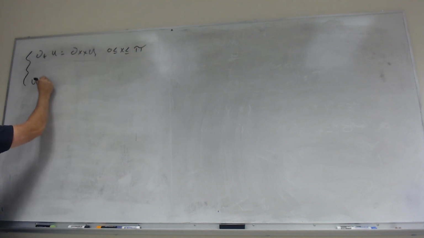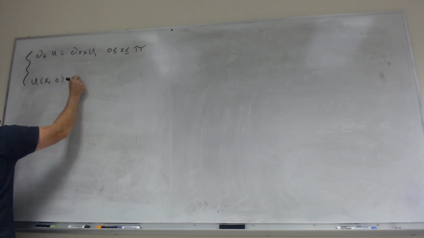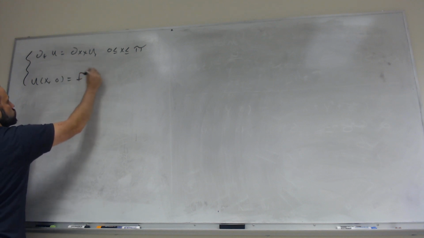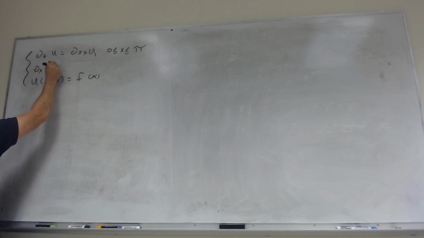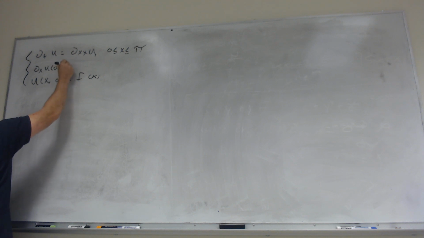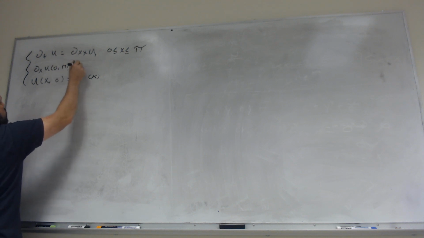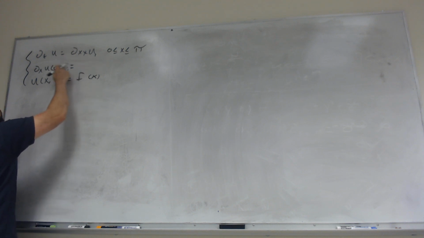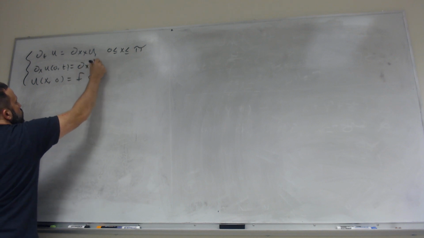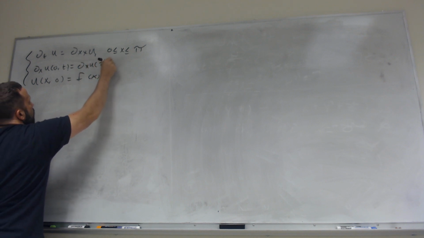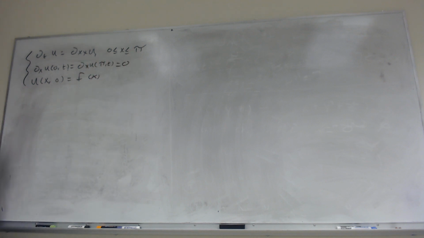I'm going to have an initial condition, u of x, 0 is equal to f of x, but now my boundary conditions: the x derivative of u at 0 is equal to the x derivative of u at pi, and that's equal to 0 for all time.